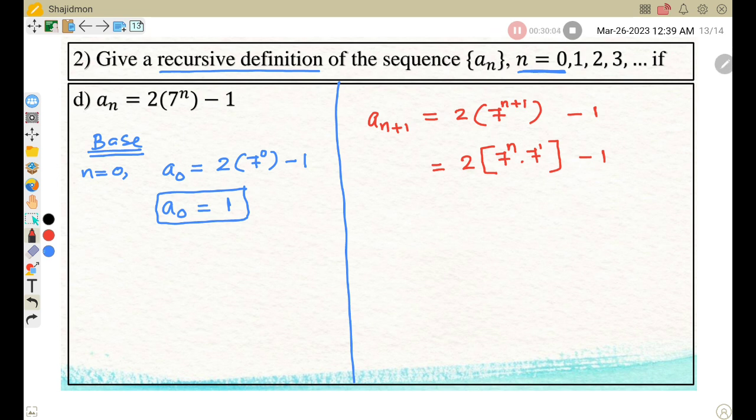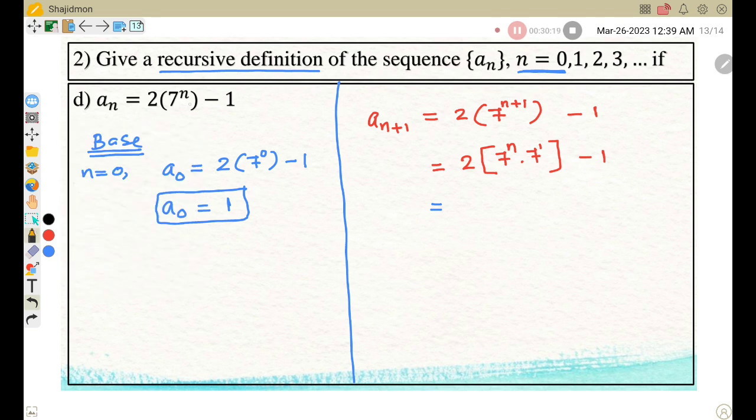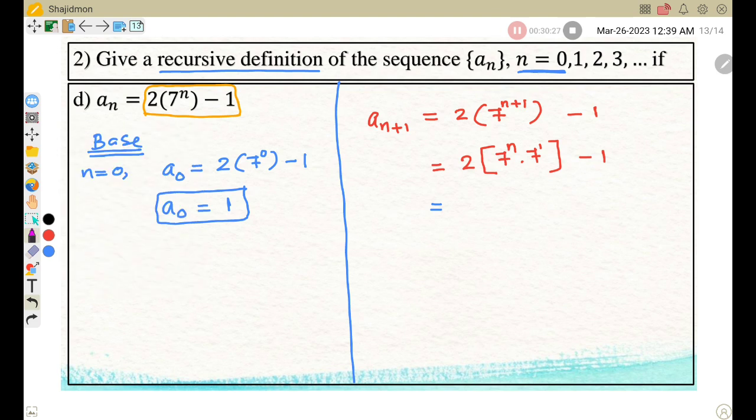Hope you understood this one. Now we are going to simplify this step. We need to introduce a_n. Think about this one in your mind: when we are replacing 2 times 7 power n minus 1, we need to introduce that there, correct? Then only a_n will come there.